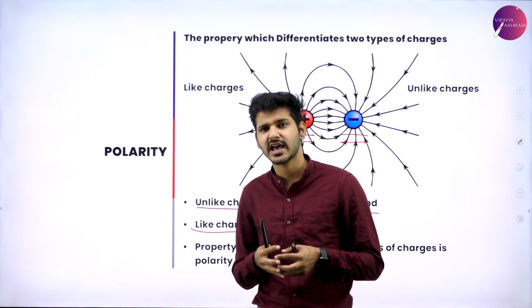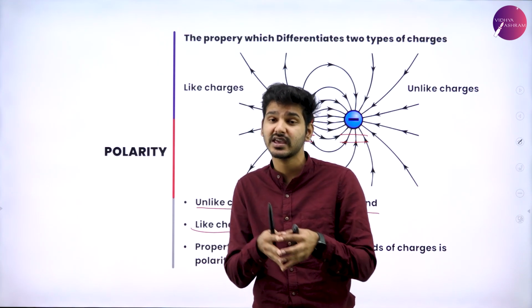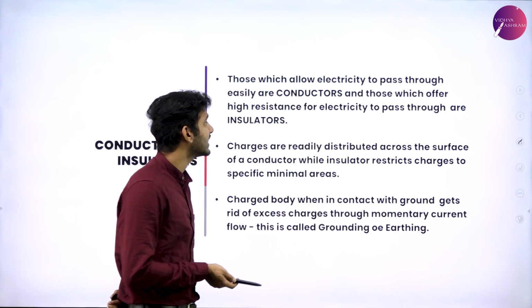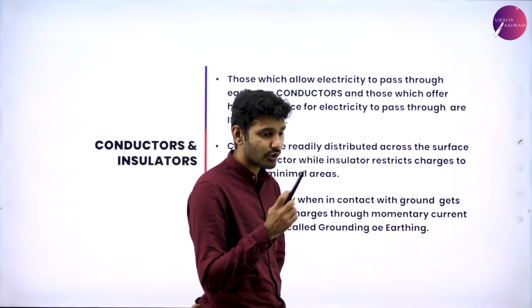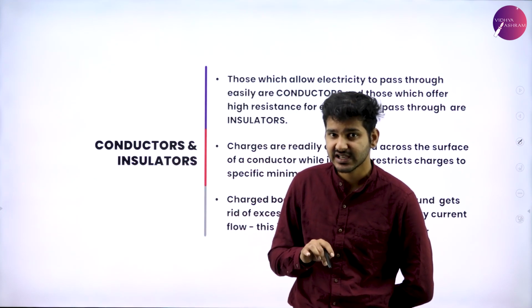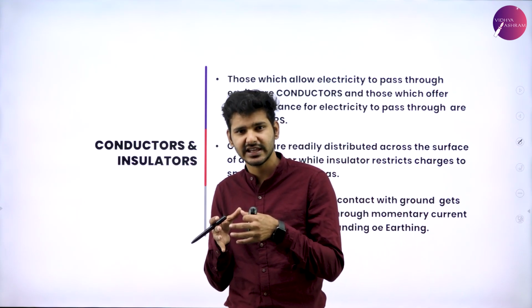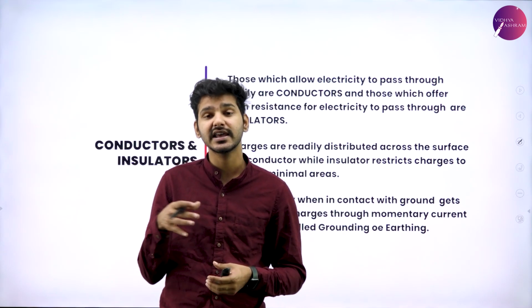Do these charges have anything to do with the way materials attract each other or behave in certain ways? It was later found out that there were certain materials which had free charges that could roam around the surface of that material, and certain materials where the charges seemed to be crowded to certain areas. And those materials were known as conductors and insulators.